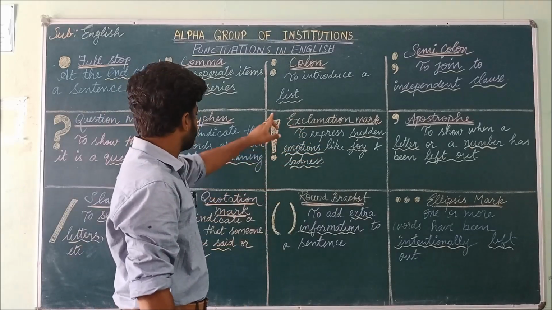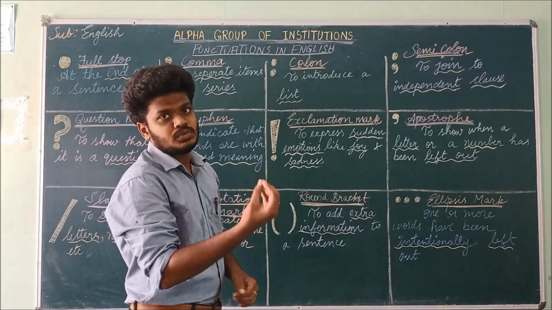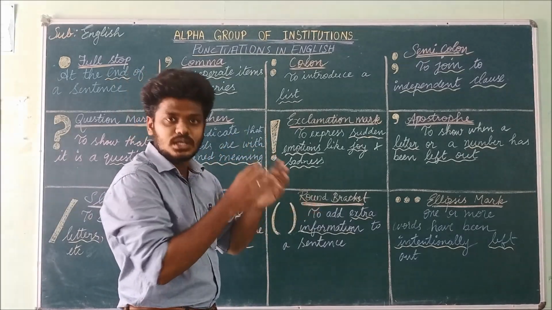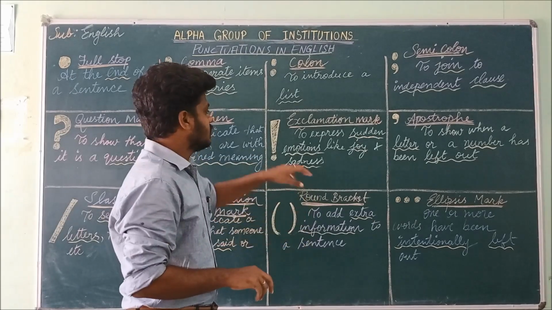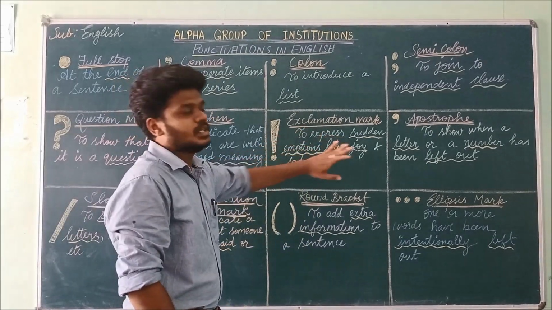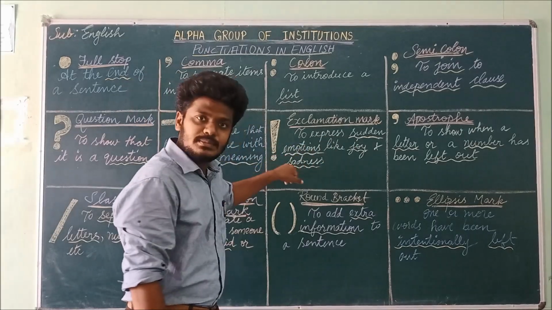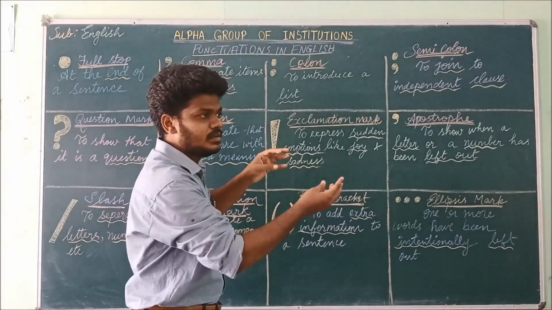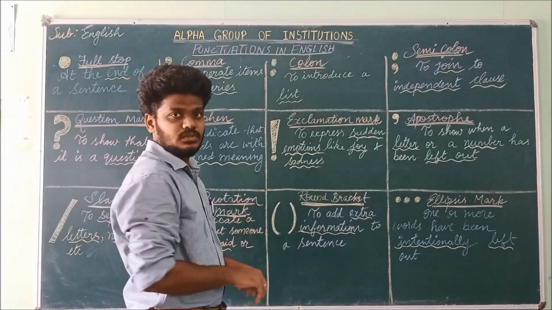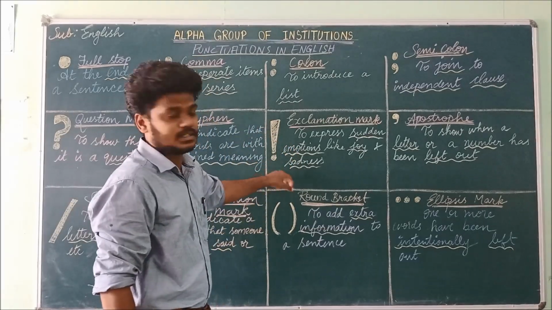We use it to add additional emotions to the sentence. This exclamation mark is placed at the end of a sentence or at the end of an exaggerated word. So that's the purpose of using an exclamation mark in English.